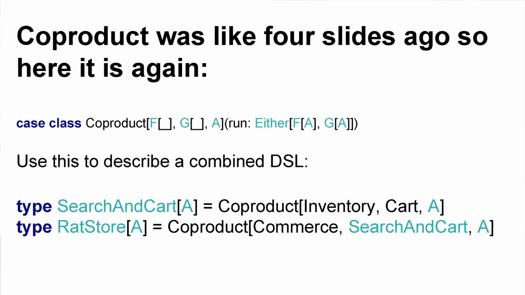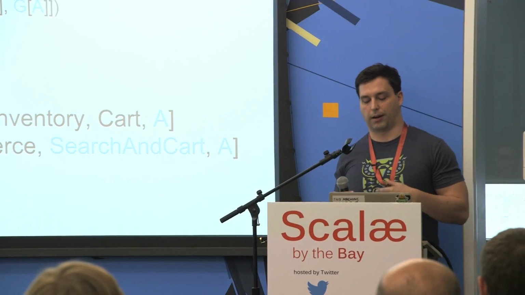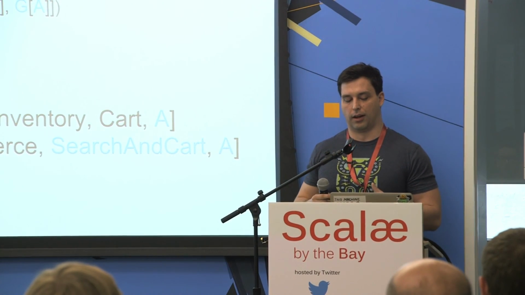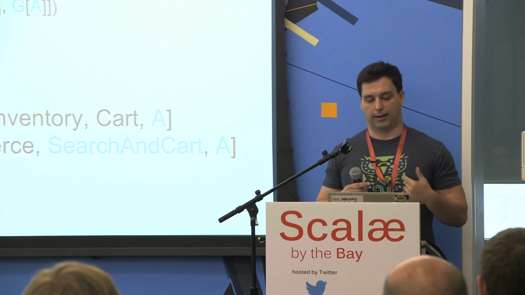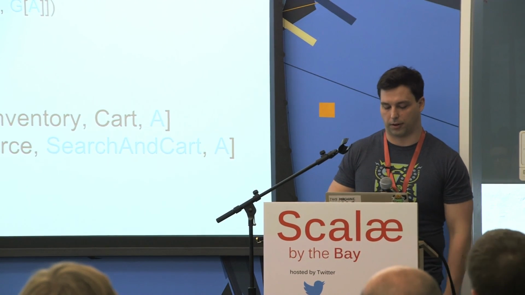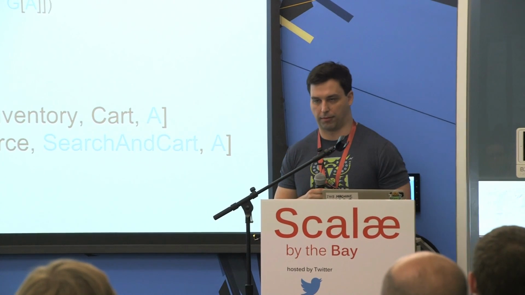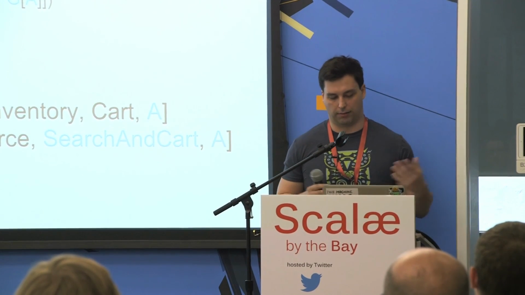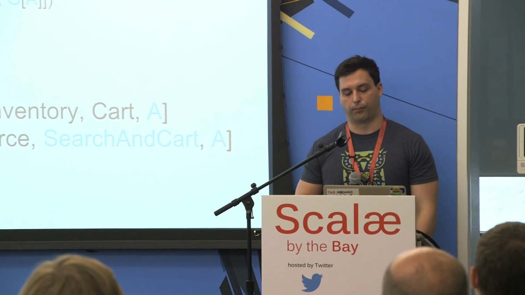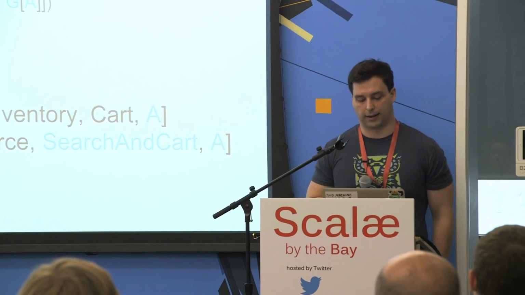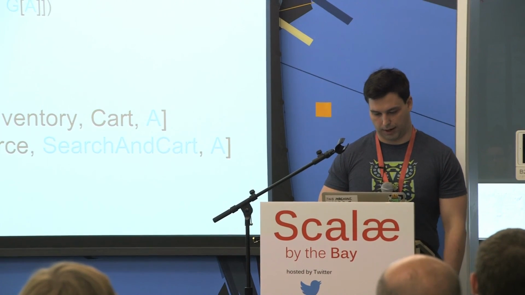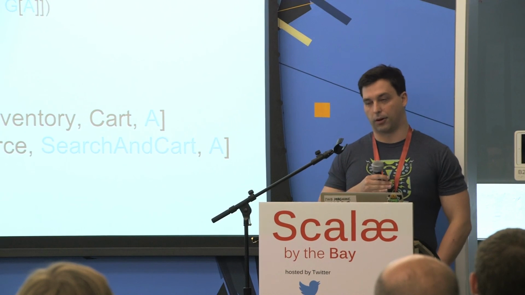So since you've got three total grammars that you want to combine together, you start by combining the inventory with the cart. And then you would call that searching cart or something similar, and then you'd tack onto that the commerce part, which is your payment provider. And it would give you a type called rat store because you're bad at typing and you bought the domain and now it's just called rat store.